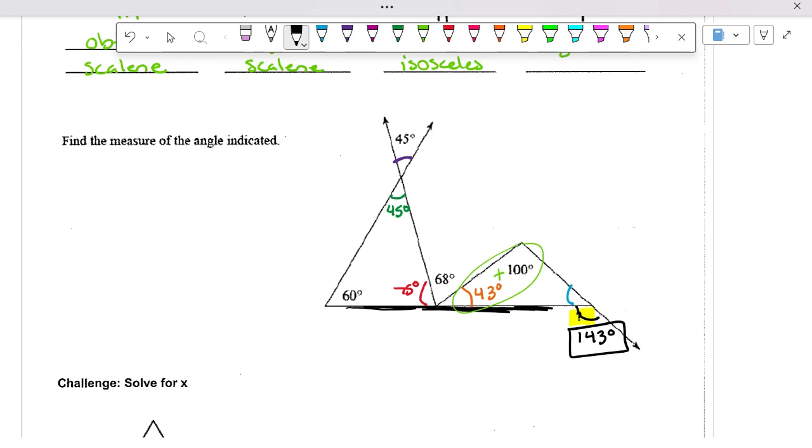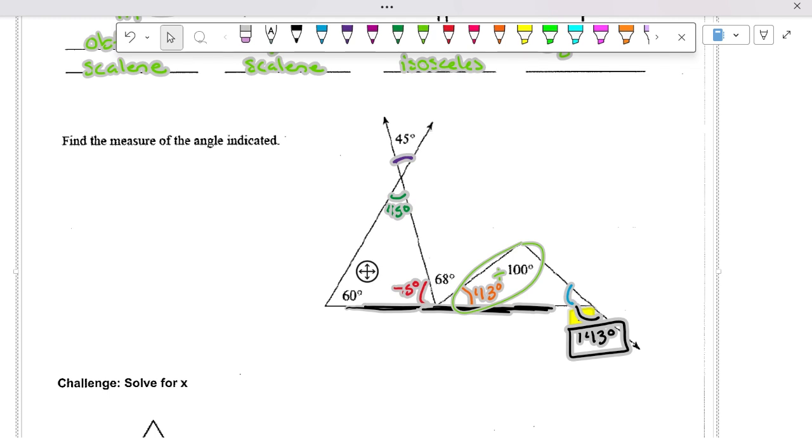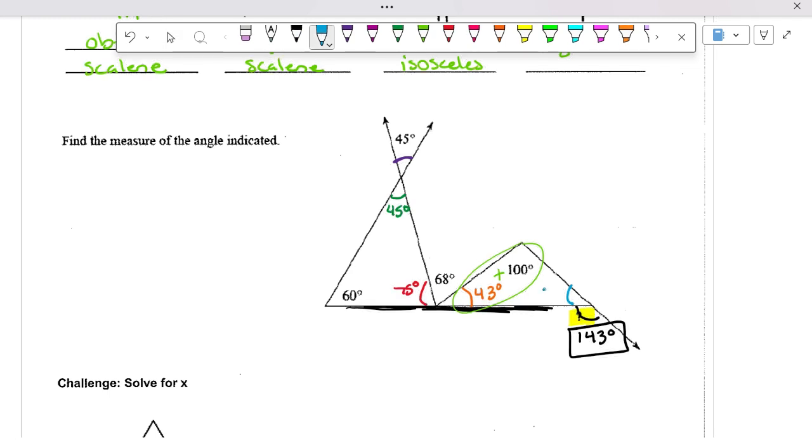Now, if you forgot about that, you could have used the triangle sum theorem to find the blue angle. So what would the blue angle be? It would have been 37. So add up 143, subtract it from 180. Once you found the blue angle, these two angles are supplementary, so you would just have to subtract 37 from 180.